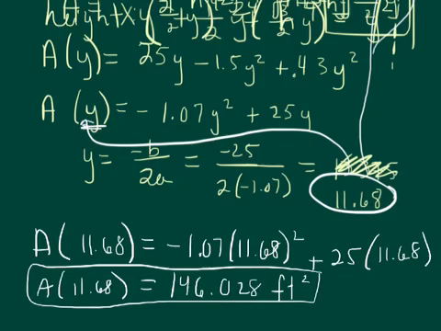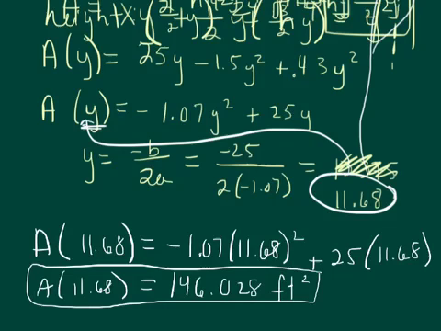Under x min, type in 0. Under x max, since we're only going along the x-axis up to 11.68, let's go up to 15, just to give it a little bit of room. So x max, make that 15.